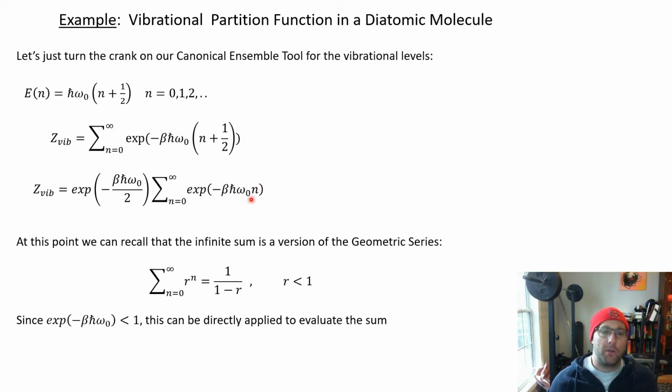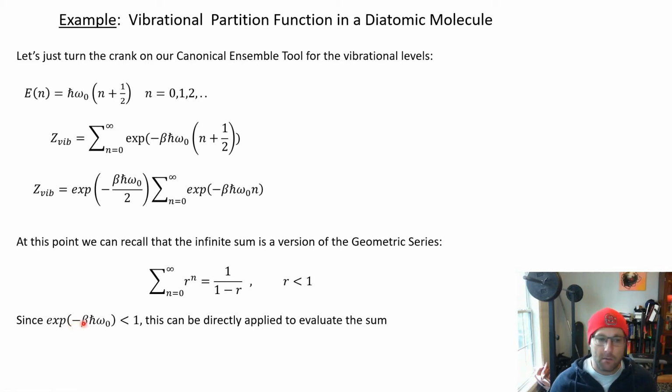And we can recall that it's essentially a known sum. If you take the sum from n equals 0 to infinity of some r raised to the n power, you get 1 over 1 minus r, on the condition that r is less than 1.